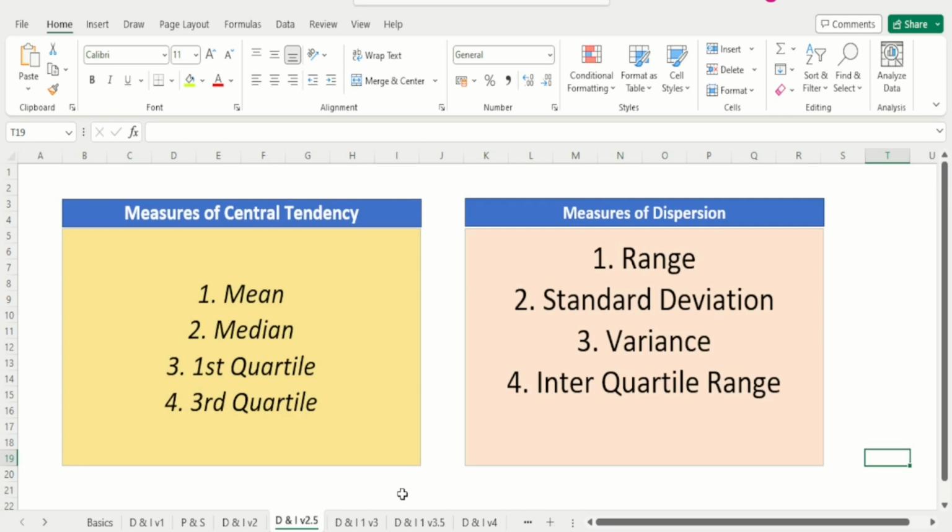The next one that we should definitely talk about is the median. Unlike the mean, which has to do with the value of the parameter or statistic, the median is a positional thing. While mean describes value, what median describes is position.